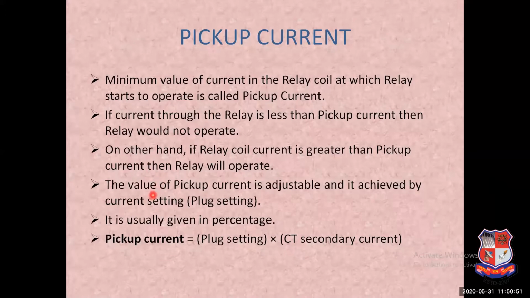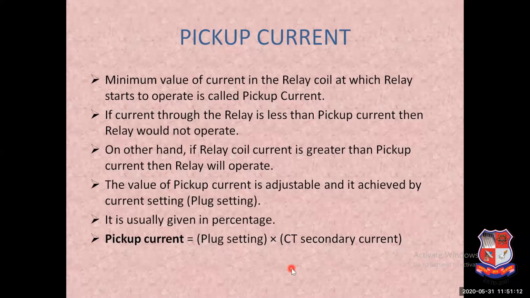The value of pickup current is adjustable and it is achieved by current setting, usually given in terms of percentage. So pickup current is given by the equation: plug setting into CT secondary current.